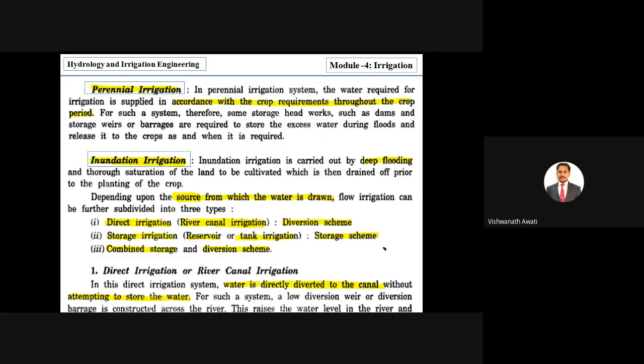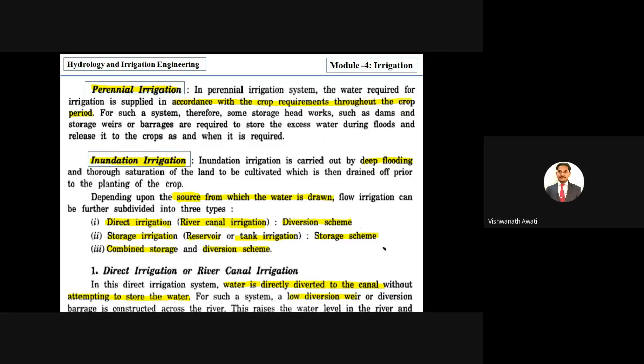Whatever flow is there in the river, the same water is supplied through the canal by a diverting structure. For such a system, a low diversion weir or diversion barrage is constructed across the river. For this, what do we require? A low diversion weir or diversion barrage across the river.